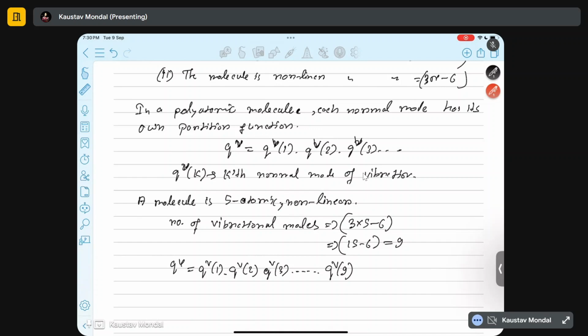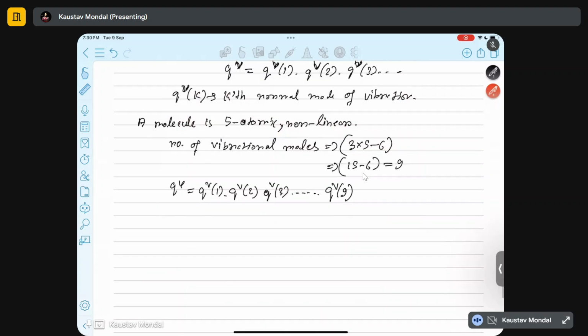Now we will consider the vibrational energy levels, and from there we will try to get the expression of the partition function for the vibrational case.